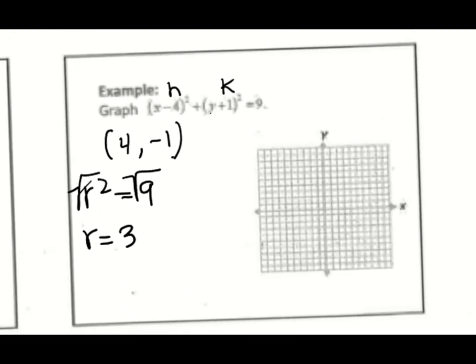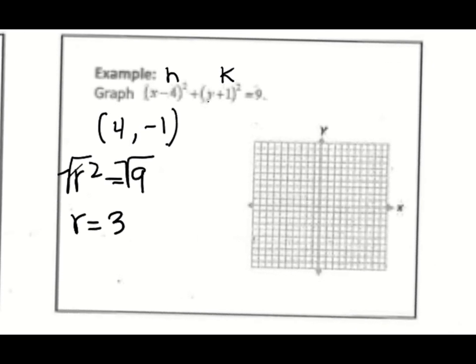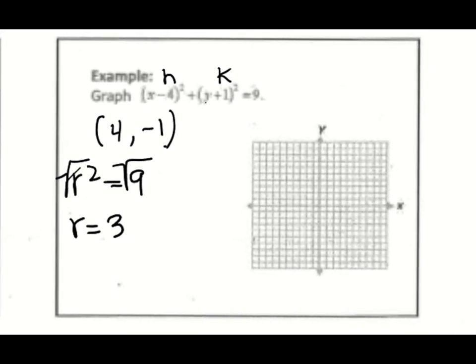So now we can graph. If we make this a little bit bigger, so we can see the graph, we have 4, -1. 1, 2, 3, 4, -1 right here. That is our center. For my radius of 3, I'm going to go 3 in all directions.